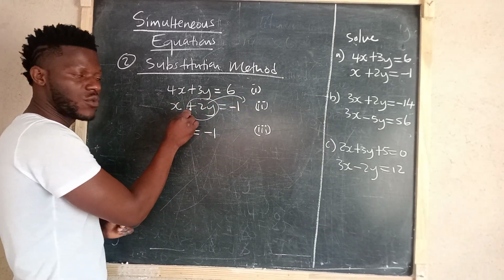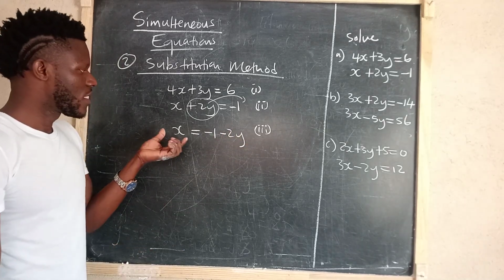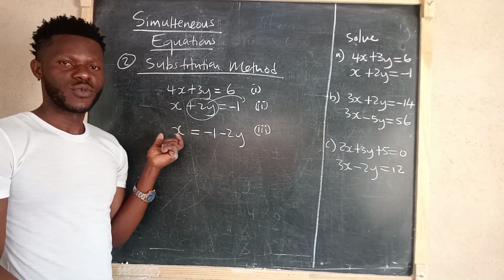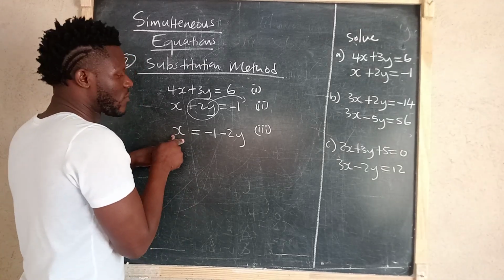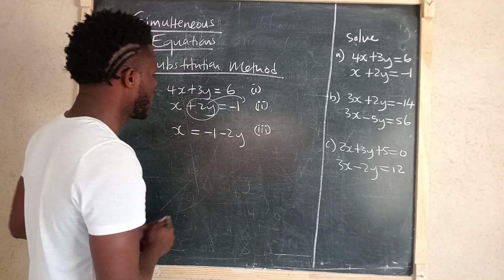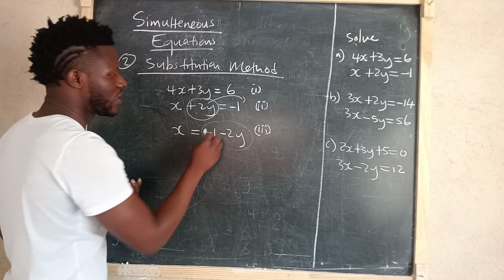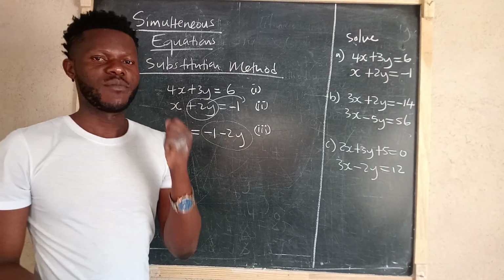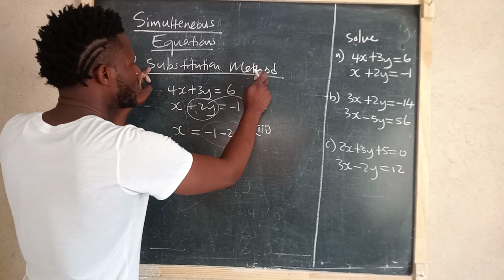It was positive 2y, it will become negative 2y. Now we made x the subject of formula. And equation 3 reads that x is equivalent to minus 1 minus 2y, which means we can replace x by this expression. To substitute is to remove and replace. So that's why the method is called the substitution method.